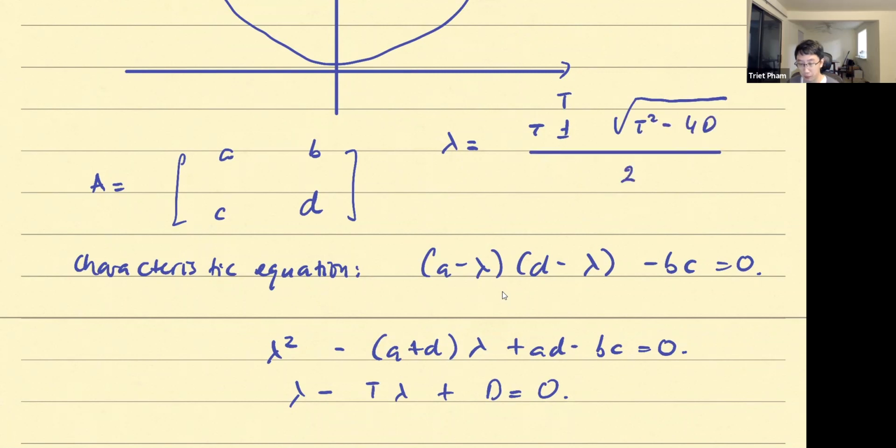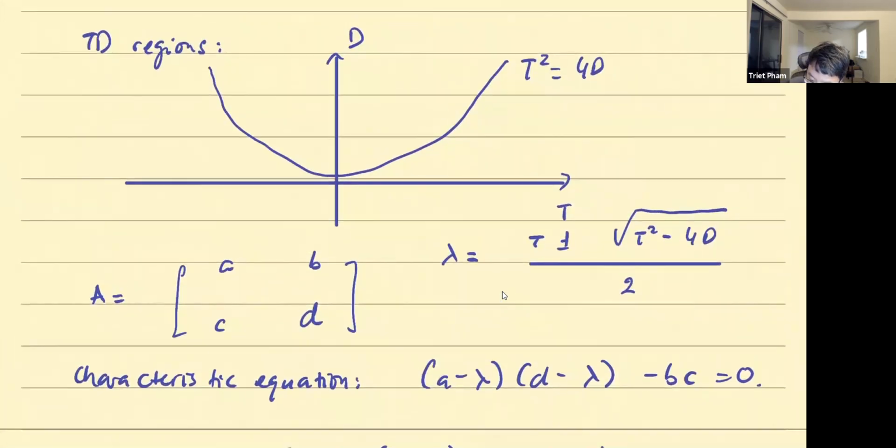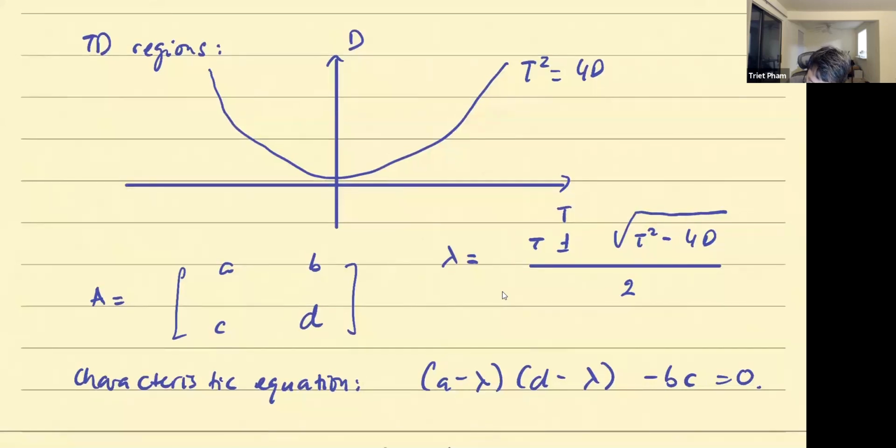Okay. And so above the parabola, you see the parabola is where t squared minus 4d is equal to 0. Above the parabola is where t squared minus 4d is negative.